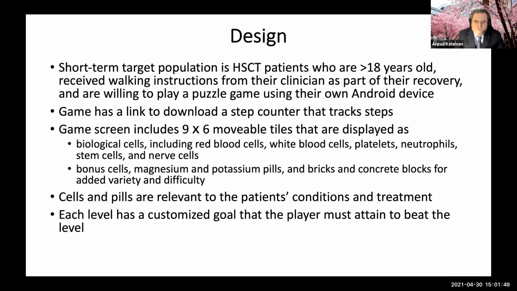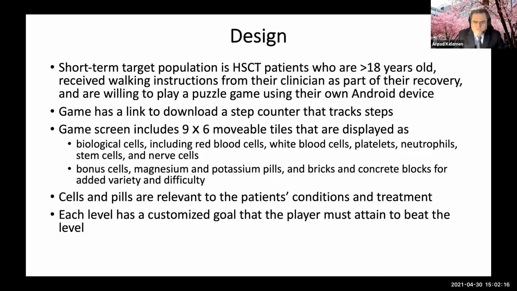And the game itself looks like only a 9x6 grid with 6 columns and 9 rows, and they need to simply move the tiles sideways or vertically to create a match of 3. The graphics were decided to be similar and relevant to their therapy, specifically including various biological cells and various pills which they are already taking as part of their therapy.